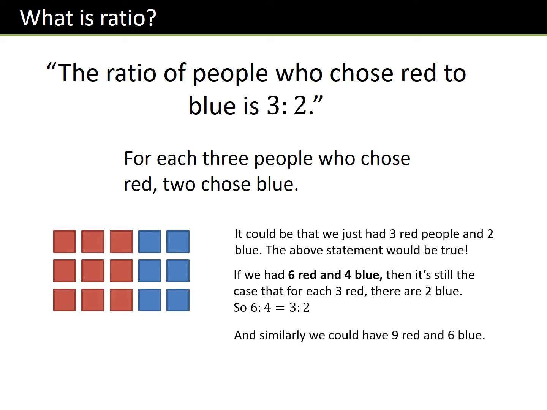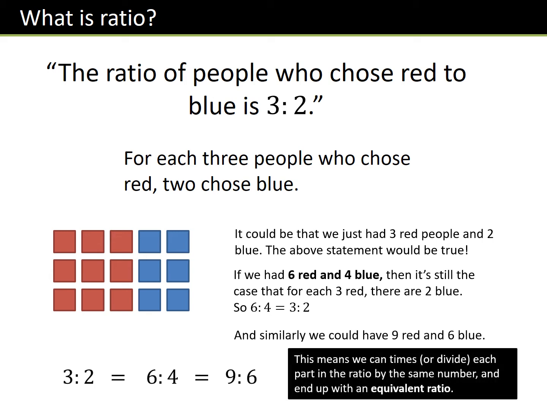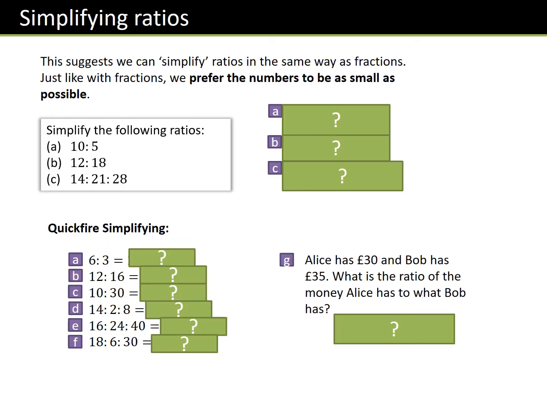But if we have 9 people and 6 blue, so 15 people in my class, 9 of them would have chosen red, 6 blue, and you can see that we can multiply or divide each part in the ratio by the same number and end up with an equivalent ratio. So we can scale ratios up and down, which means I can sort out my cake recipes.